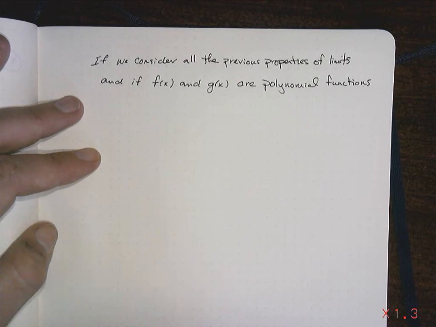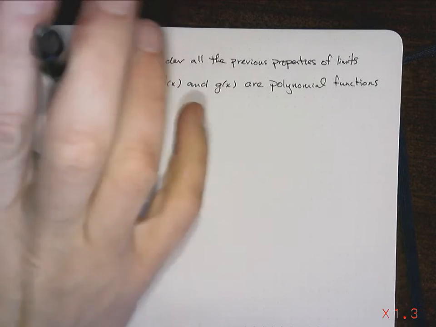If we use all of the other properties together at once, moving them all around, and f of x and g of x are polynomial functions, then I've got two more properties for you.